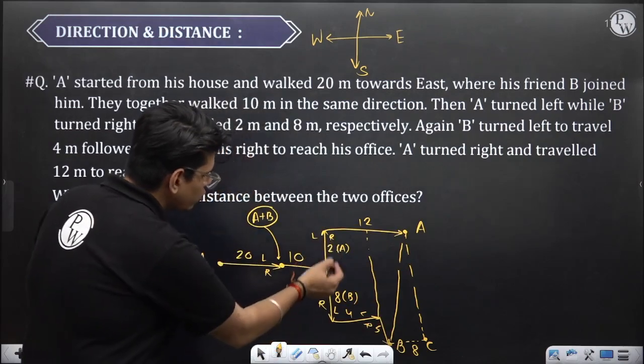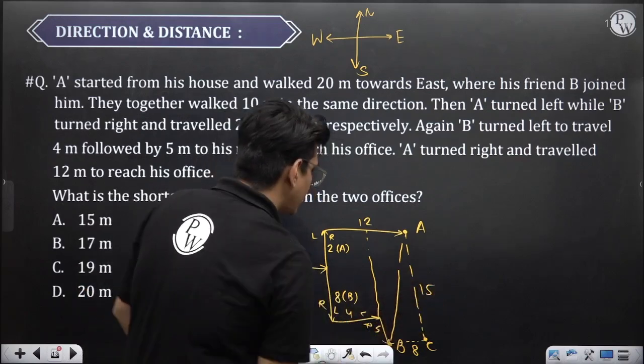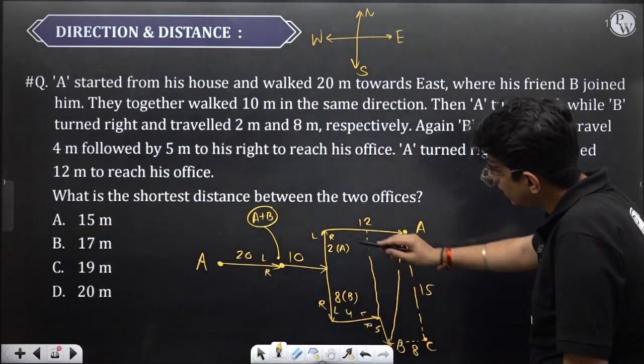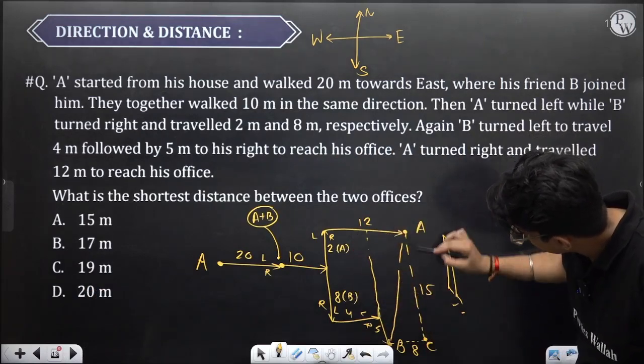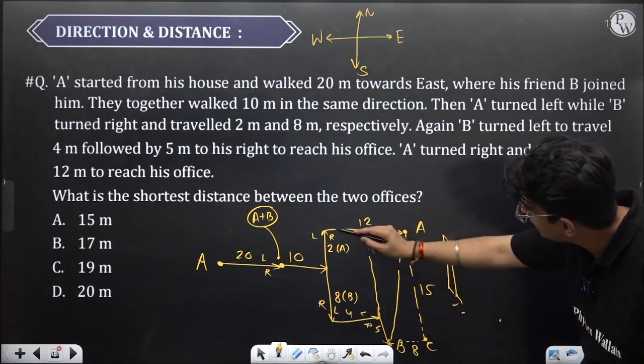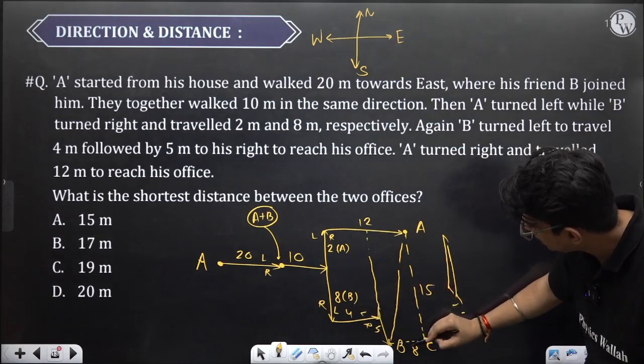This is 2 plus 8 plus 5, which is 15. 2 plus 8, this distance is 10. This is 5 extra. So this total is 15. Similarly, here the length was 12 and here the length was 4. So 12 minus 4 is 8.